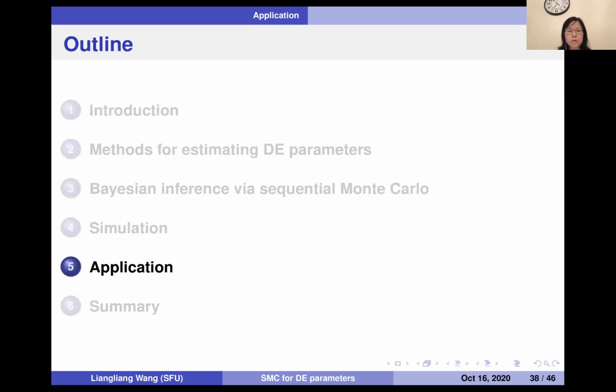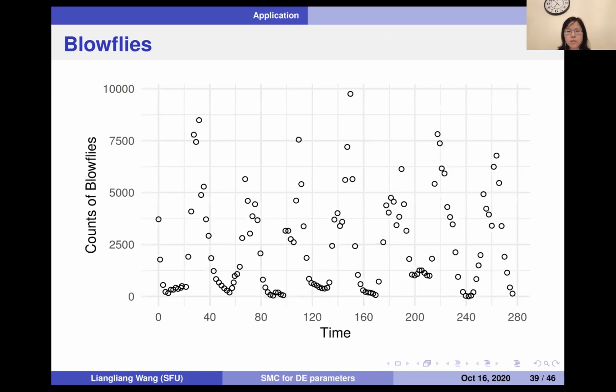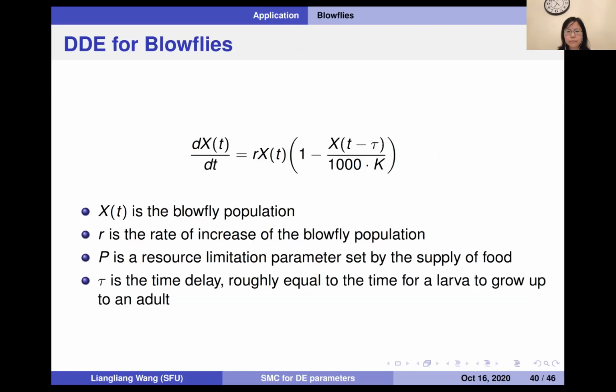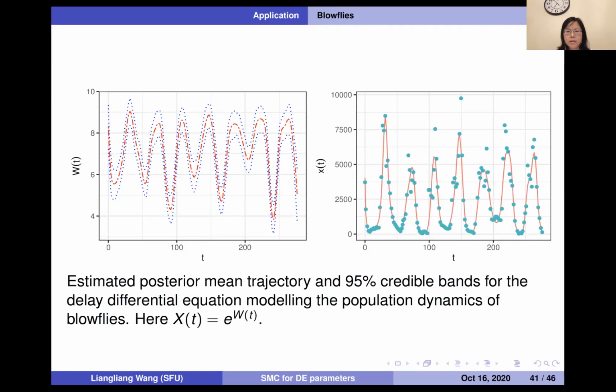Okay, so for the application, we go back to the motivating example about the blowfly. That's a DDE for blowfly. And in this case, because we're dealing with counts data, we're not using the basis function expansion for x of t directly.